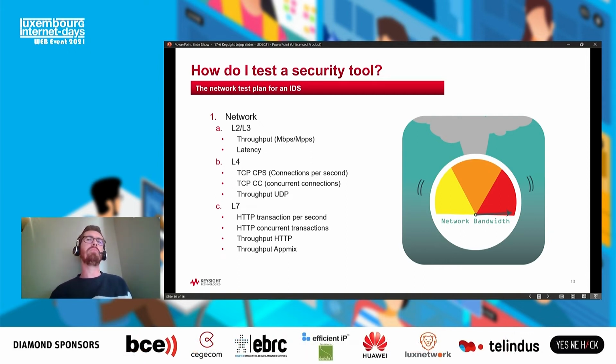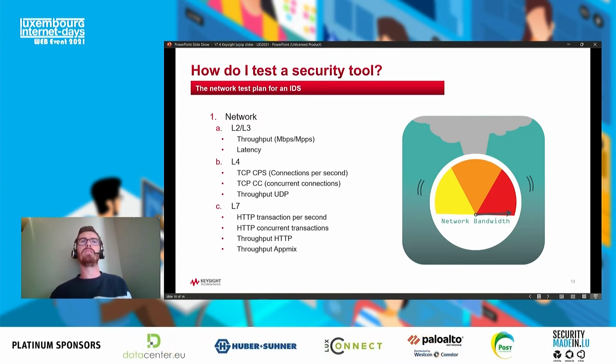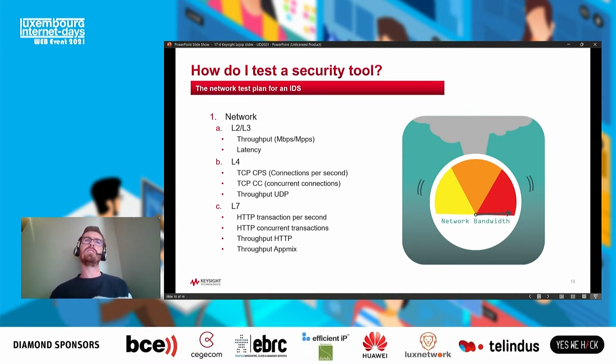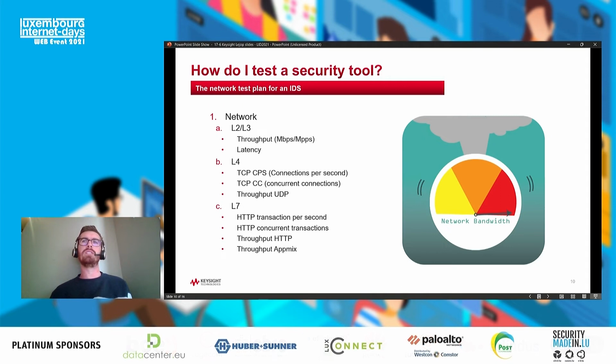Then something very important: we will see the impact on the memory and on the CPU of the number of connections, TCP connections per second and concurrent connections. That's something very important that a lot of the time we forget when we are not used to doing test plans. Each concurrent connection will add a memory impact for the security solution.